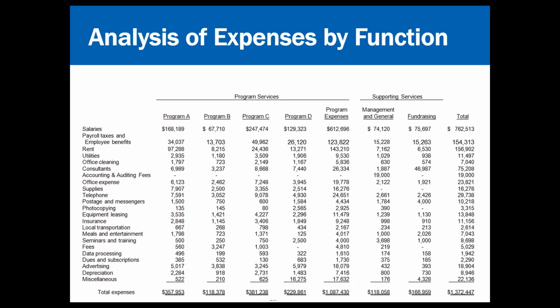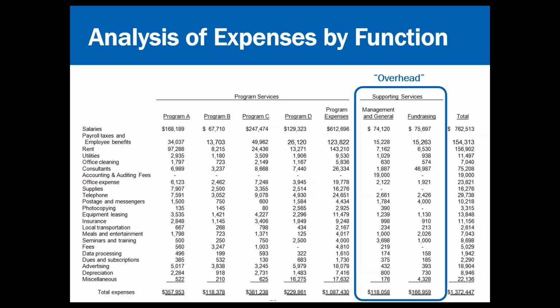If we click one time, we also know that commonly supporting services, which are management in general and fundraising, can sometimes be labeled overhead. And so FASB is telling us that everyone needs to report by these functional categories. And by the way, it is reporting in numbers as is presented here, also disclosing the methodology for allocation.